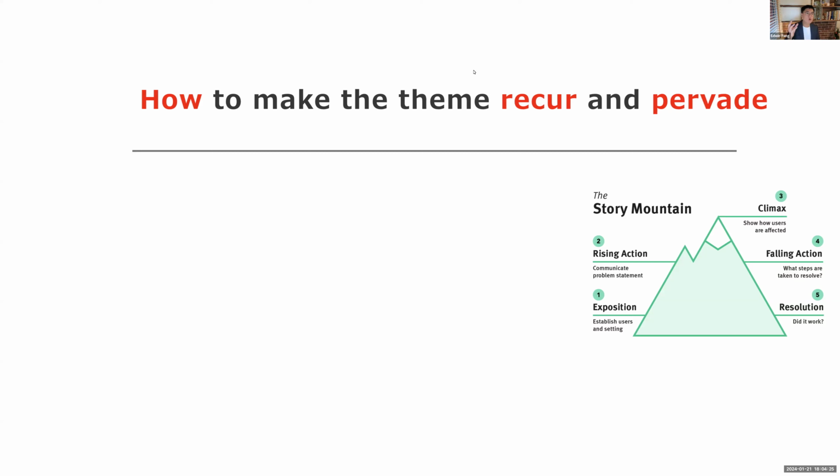Then it moves upward into a rising action, which is when the problem of the story is introduced to the readers. Then it escalates or moves up even further into the climax, where the problem often gets worse or the problem spreads its effect to more people.